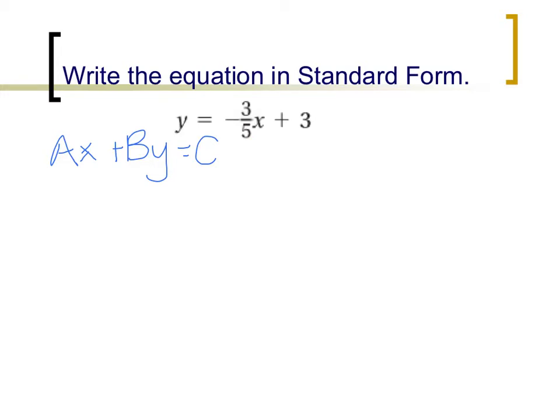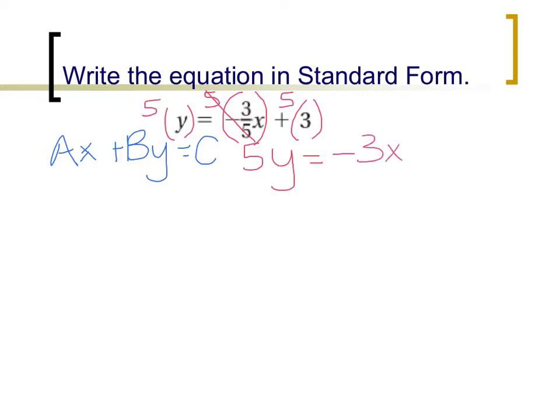Alright, so to begin with, I want to multiply this term by a 5. But to be fair, I must multiply all of my terms by the same number. Alright, that is going to give me 5y equals this 5 divided by this 5 gives me a 1. So I will have a negative 3x plus my 5 times my 3 is going to give me 15.